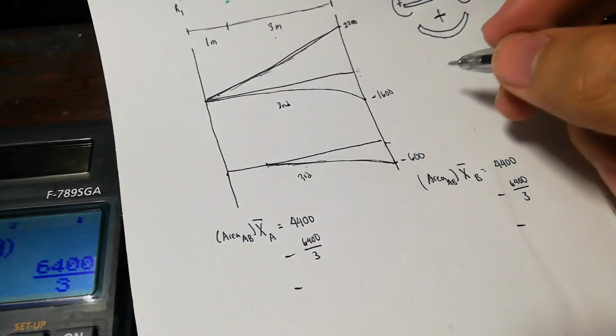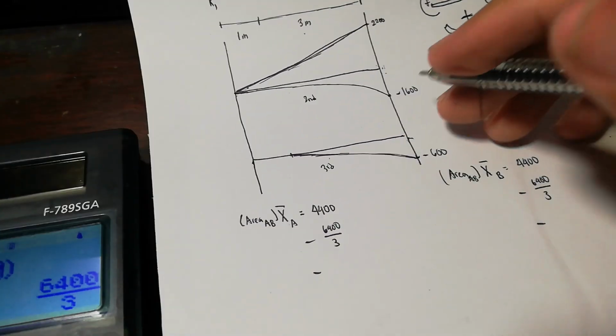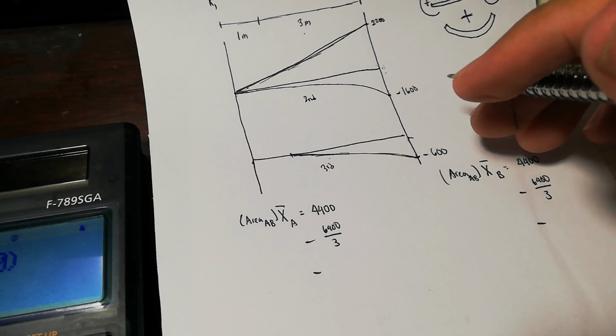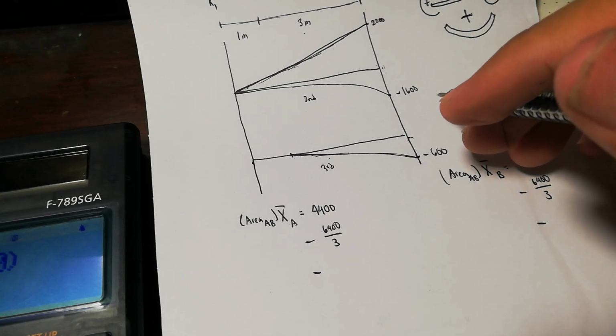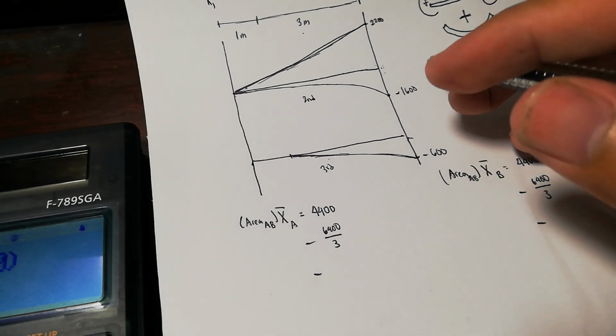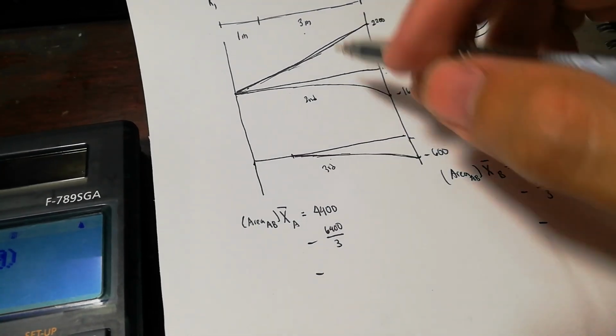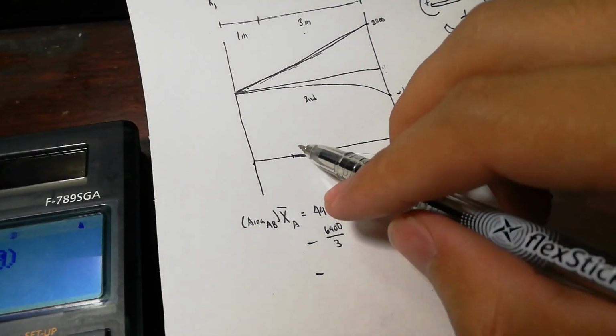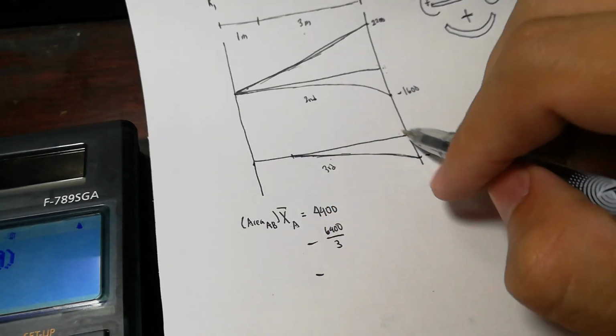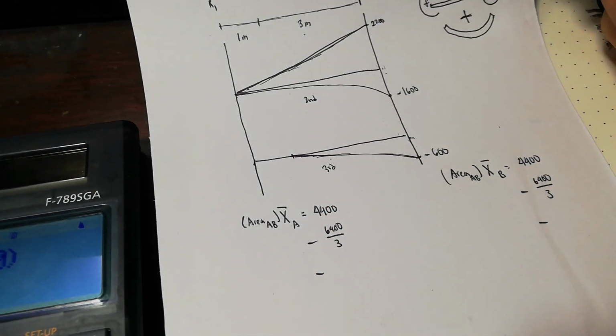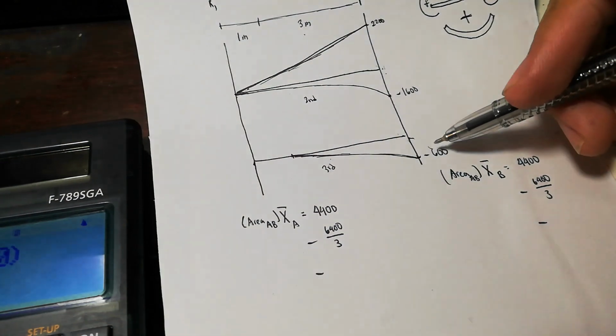Then, dito naman, siya ay third degree curve. So, pag third degree, hindi na siya 1/3. Siya ay 1/4 base times height naman. Second degree, 1/3 base times height. Third degree, 1/4 base times height. So, ito ay, ang base niya is 3. So, 1/4 times base na 3, times height na 600.